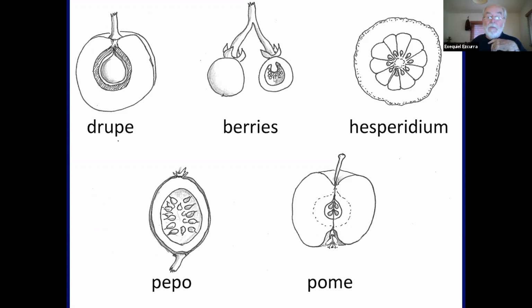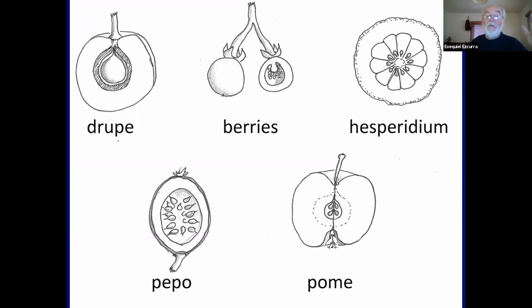And the seeds themselves, the outer layer of the seed, they're normally small in berries, and they're protected enough to pass through the digestive tract of an animal. So berries actually are fruits adapted to be eaten entirely. The whole fruit is eaten, and the seeds normally can pass through the digestive tract of an animal and be defecated somewhere else, away from the mother plant.